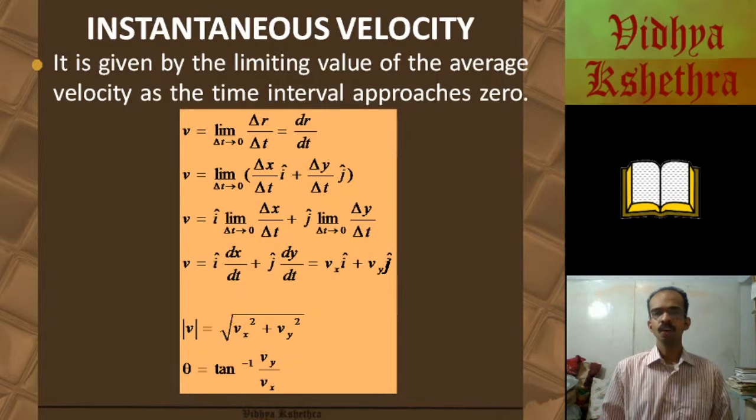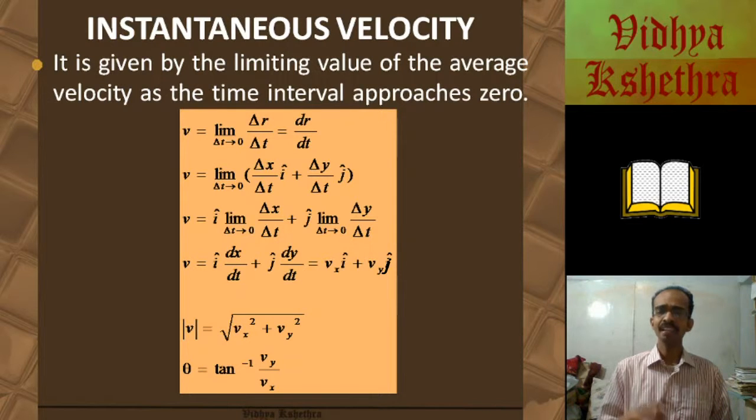which is v is equal to i cap dx by dt plus j cap dy by dt, which is vx i cap plus vy j cap. Vx is the component of the velocity along the x-axis, and vy is the component of the velocity along the y-axis.